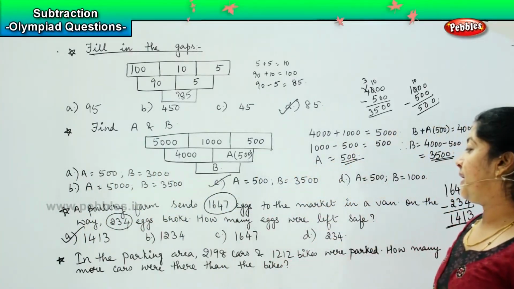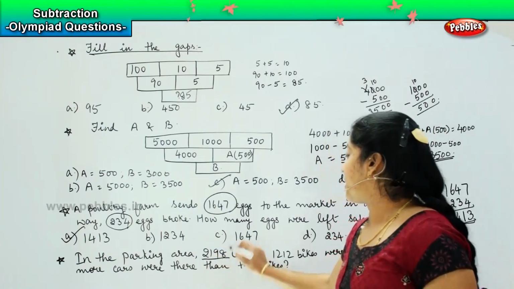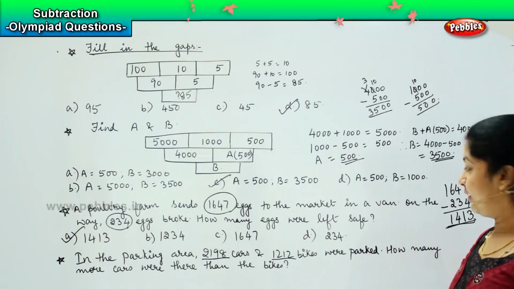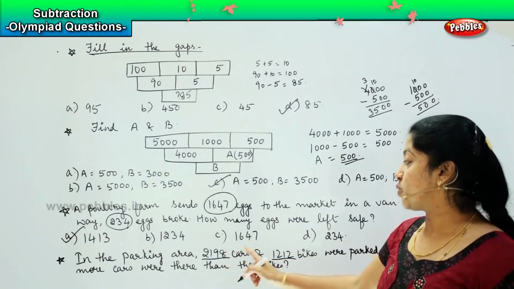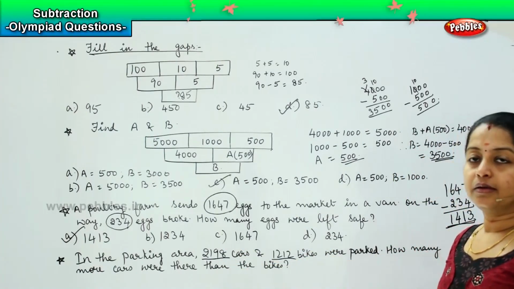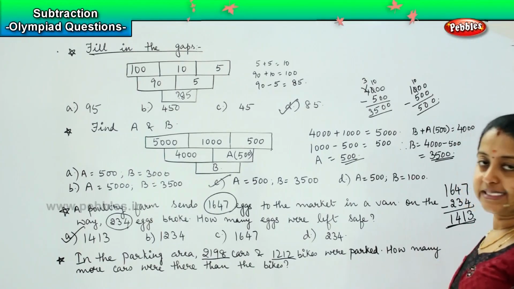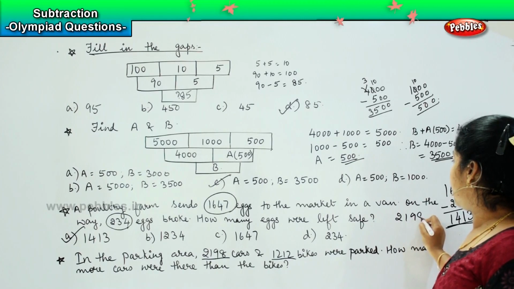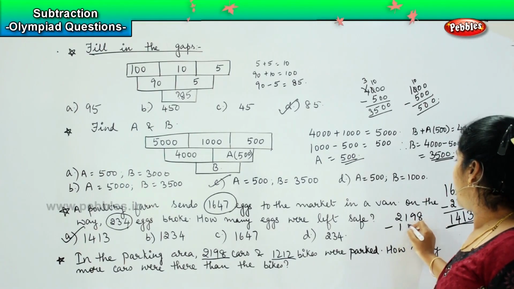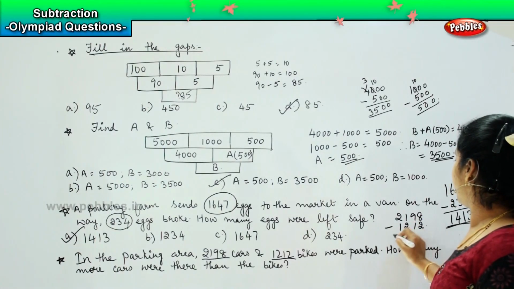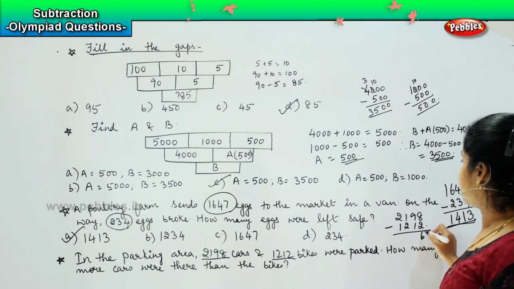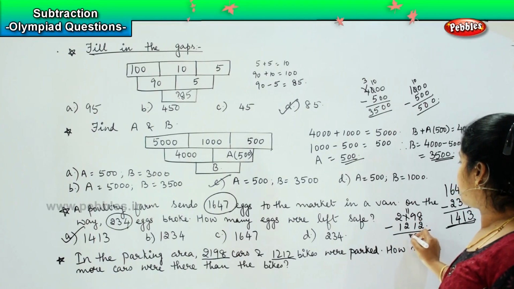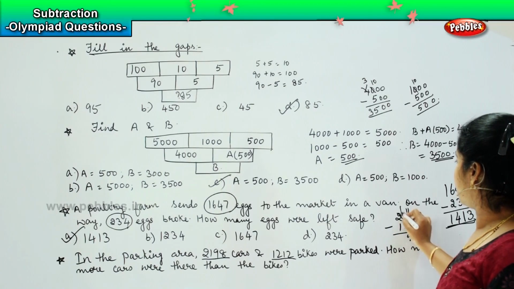In the parking area, 2198 cars and 1212 bikes were parked. Fine. How many more cars were parked than the bikes? It's a simple subtraction, right? So 2198 minus 1212. 8 minus 2 is 6, 9 minus 1 is 8 and 11 minus 2 is 9.